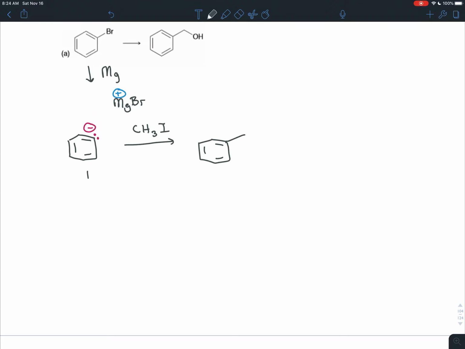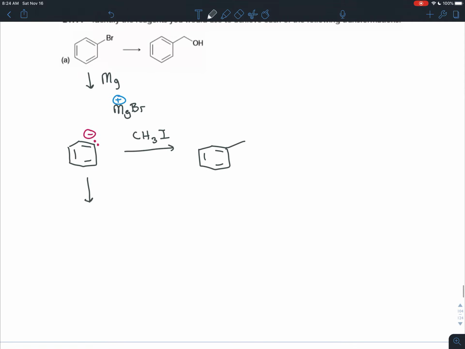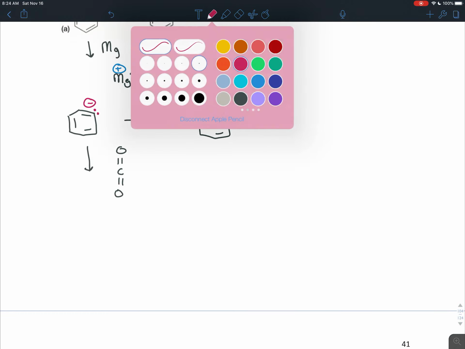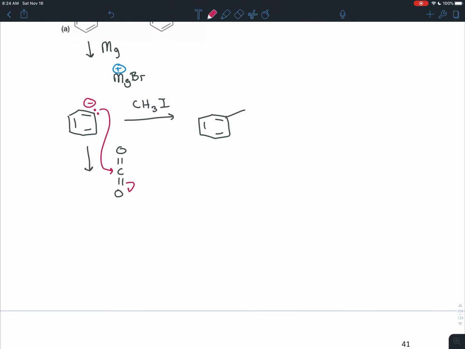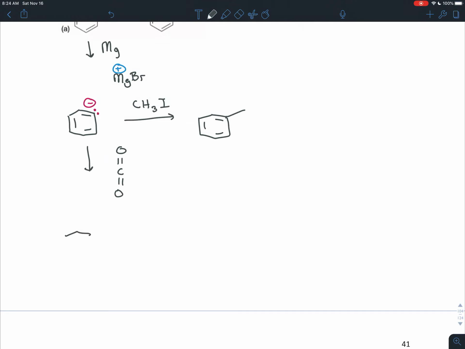It gives you toluene. Or maybe an even more clever way, because it gets us closer to having that functional group, is to use carbon dioxide as your carbon electrophile. Because then as this attacks that carbon, you end up with a carboxylate.